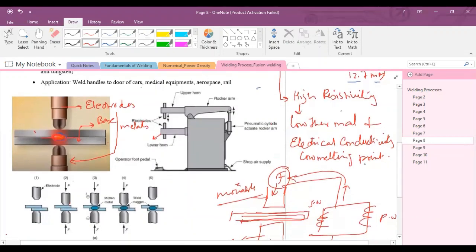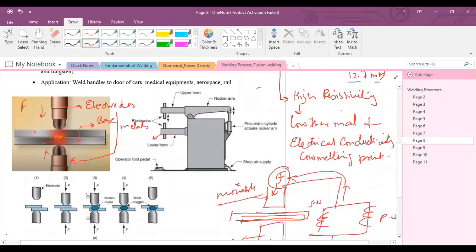When the base metals are melted, the electrical current will turn off, and force is applied to join both base metal surfaces which are in the molten state. Due to this force F, mechanical pressure will generate, and this mechanical pressure will complete the formation of the weld joint.